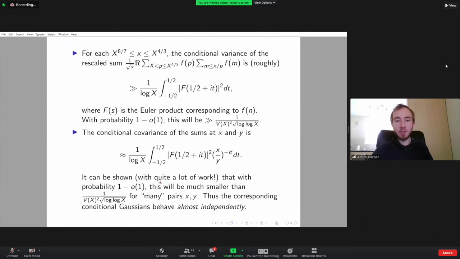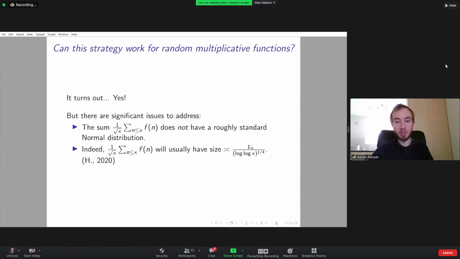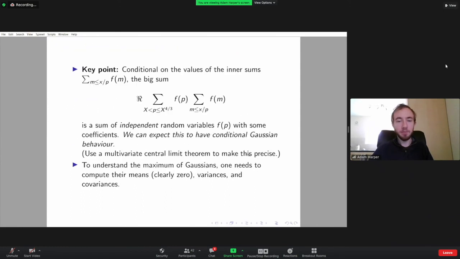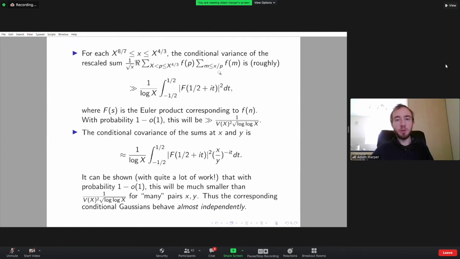The conditional variance is not so easy to understand, but fortunately it's something that basically already arose in this work, showing that these sums usually have size like this. So you can show that the conditional variance here is something like the integral of the Euler product that corresponds to the random multiplicative function.